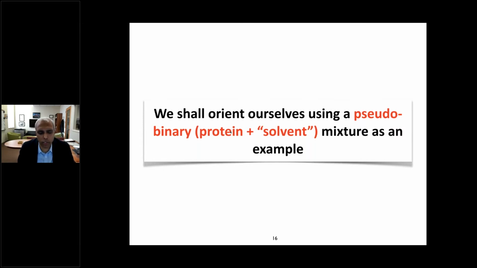The reason for the term pseudo is that, of course, the solvent is not just water. It has a lot of other components that actually turn out to exert quite an influence on the phase behavior of mixtures. But we'll pretend, as good theoreticians will, that we can simplify the system into being a protein plus solvent mixture and therefore a binary mixture.